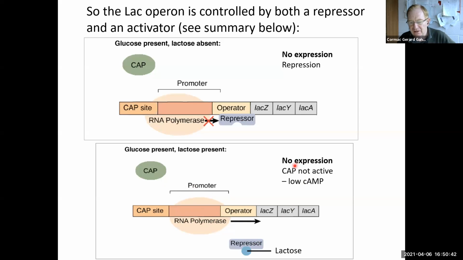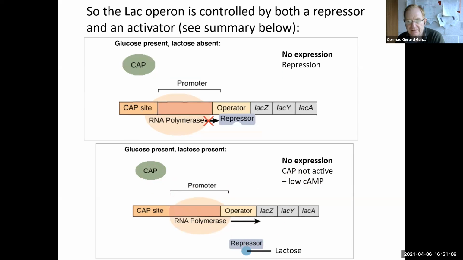The catabolite activator protein is not active because you have low cyclic AMP. So you don't get the activation. You do get some smaller level of expression, but it's not very much, because you don't get the activation.